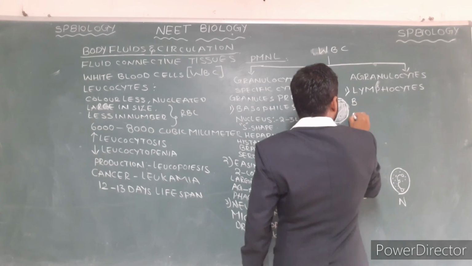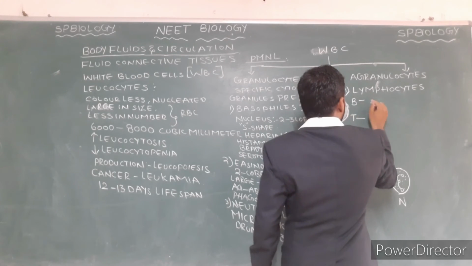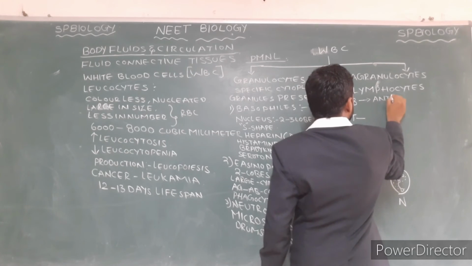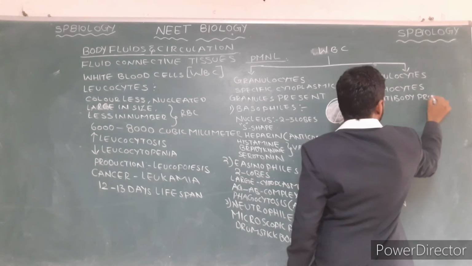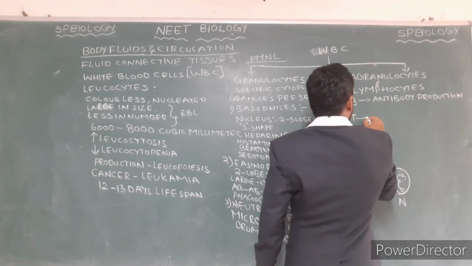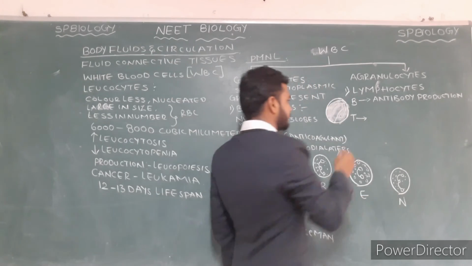Lymphocytes are of two types: B lymphocytes, which mainly produce antibodies, and T lymphocytes, which mainly are involved in immunological reactions.